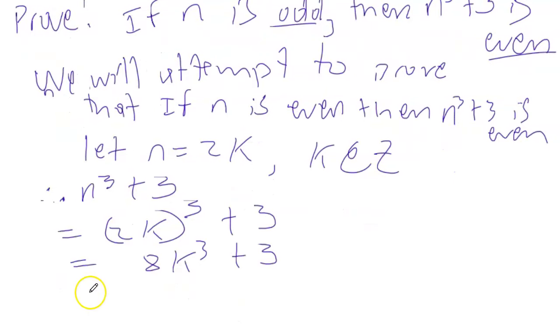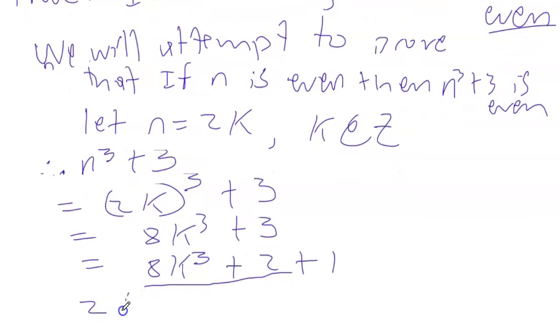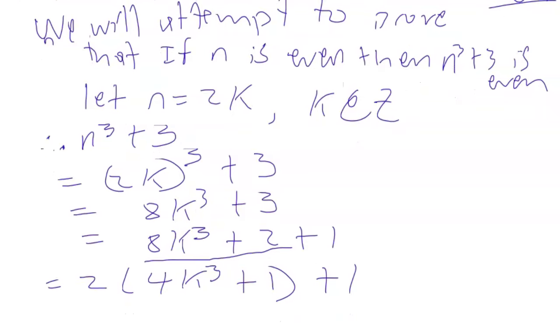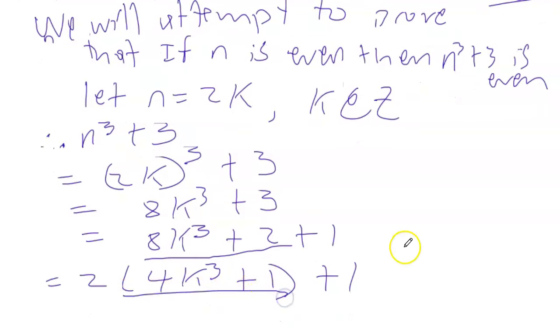And of course, we can rewrite positive 3 as 2 plus 1. For the first two terms, we factor out 2, so we get 2 times 4k cubed plus 1, plus 1. So we have 2 times a value plus 1. 2 times a value is always an even number, whatever the integer is. And if you add 1, you're going to get an odd number. So this is odd.